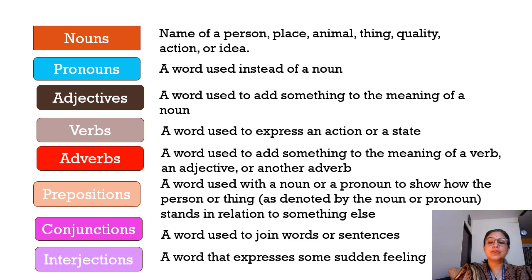Adverbs, words used to add something to the meaning of a verb, an adjective, or another adverb. Preposition, a word used with a noun or a pronoun to show how the person or thing, as denoted by the noun or pronoun, stands in relation to something else. Conjunction, a word used to join words or sentences. Interjection, a word that expresses some sudden feeling.